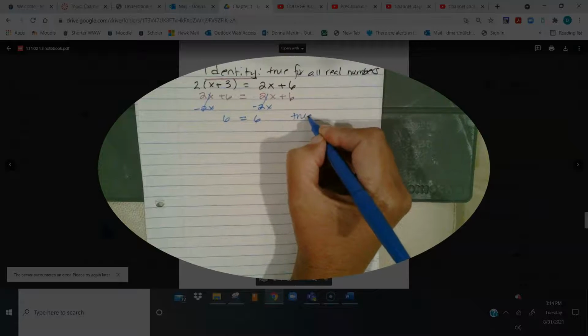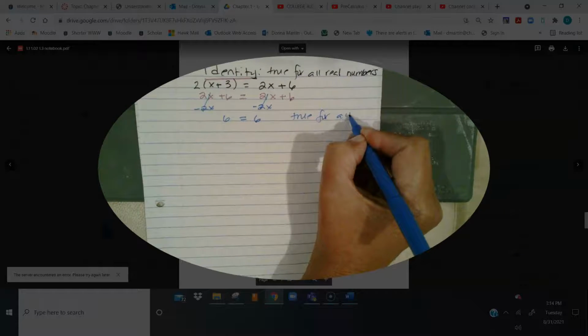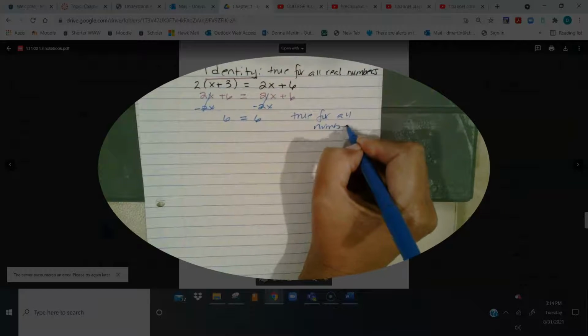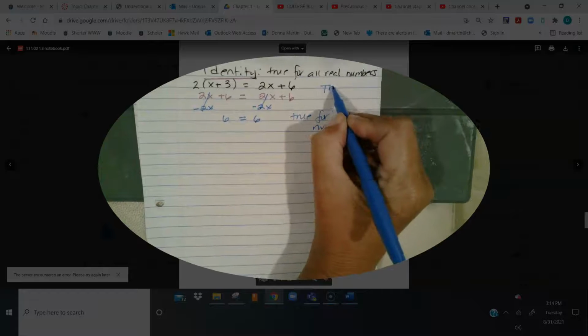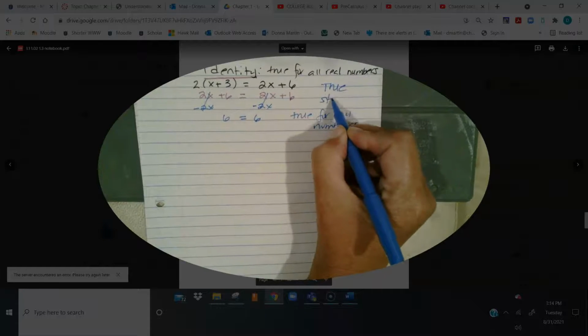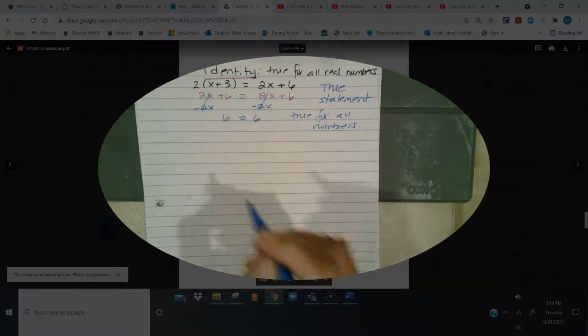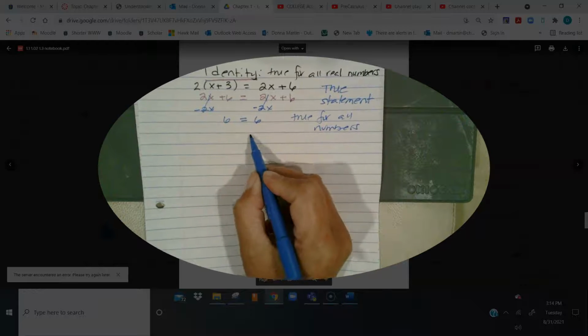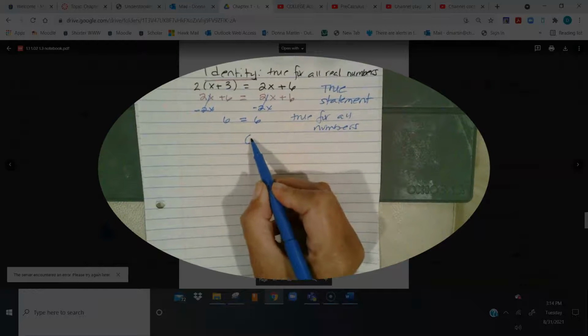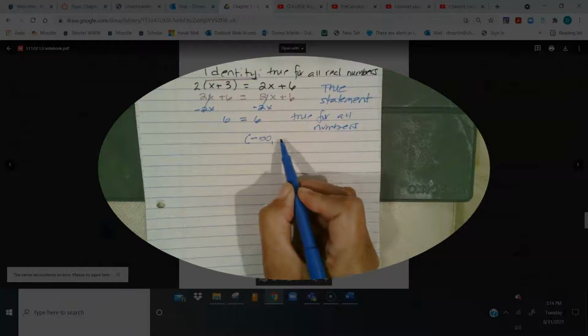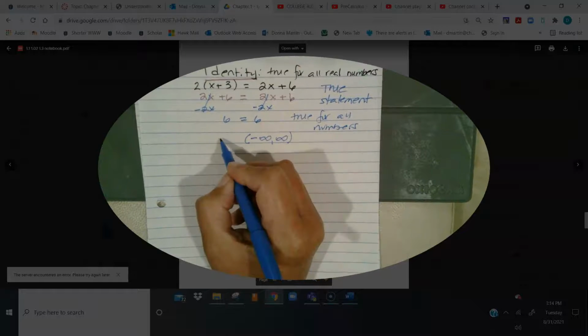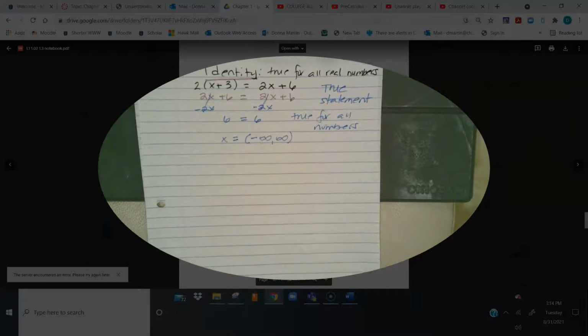It is true for all numbers. You always get a true statement, and the left side is identical to the right. To say this in mathematical terms, we would say that this is true from negative infinity to positive infinity. X could be any value at all, all real numbers.